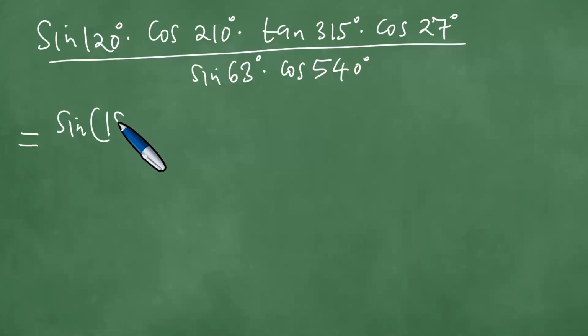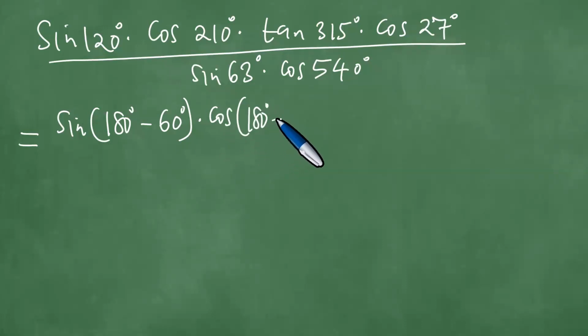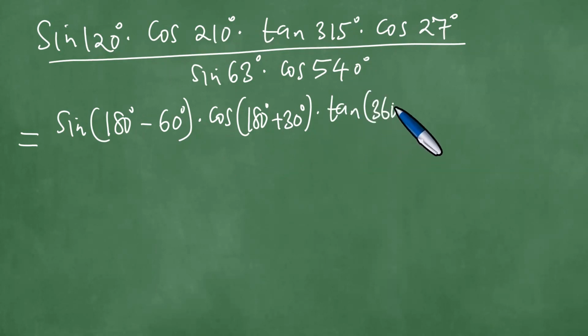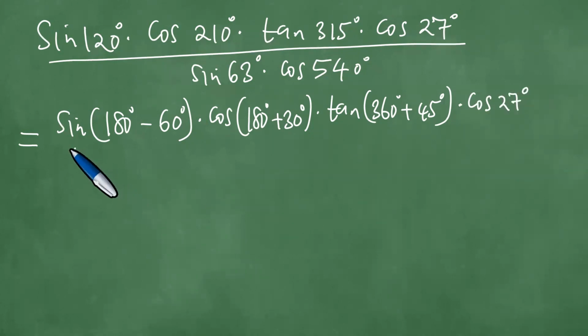So this is going to be sine of 180 degrees minus 60. Cosine of 180 degrees plus 30. This one is the tangent of 360 degrees plus 45. This one is acute, 27 degrees. You can leave it as 27 degrees.